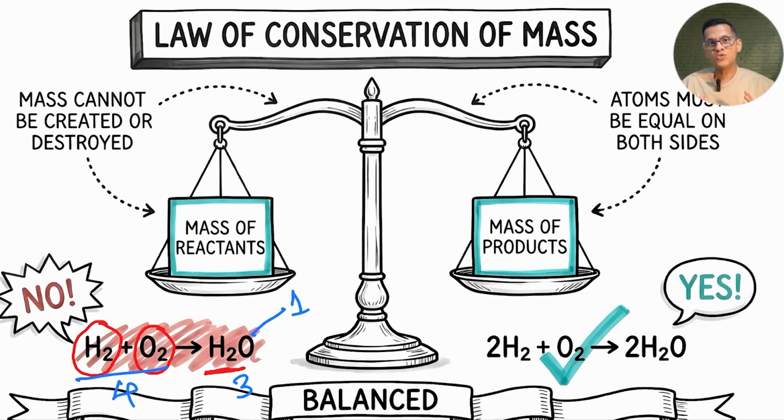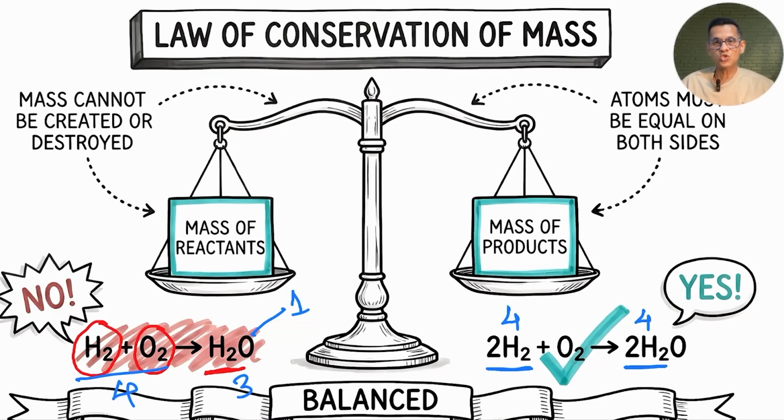So to avoid this violation, to make the number of atoms equal on both sides, we'll have to balance the chemical equation. On the right hand side, you can see I have shown the balanced version of this equation. If I put a number 2 here, I get in total 4 atoms of hydrogen on the left hand side, and on the right hand side also I get 4 atoms of hydrogen.